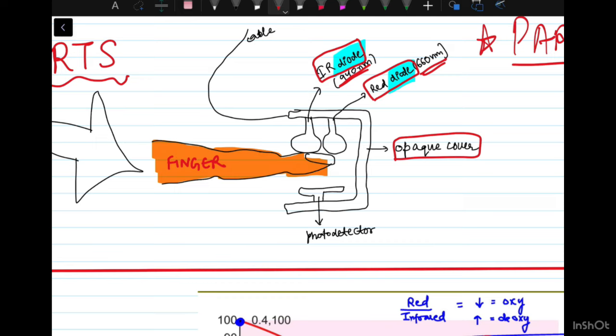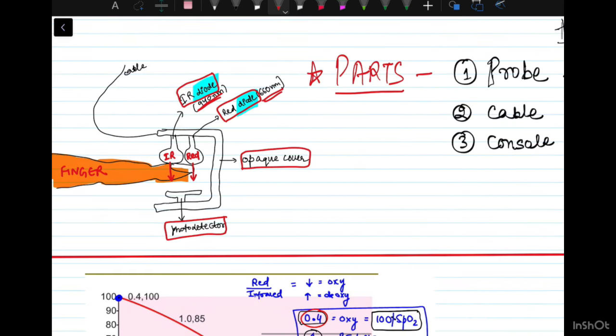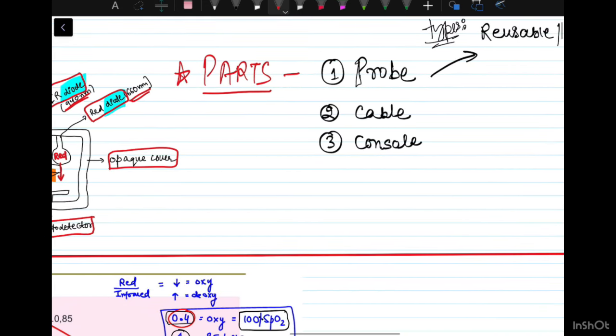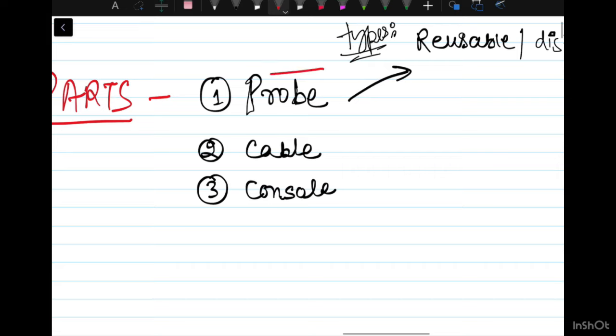This is an opaque cover, and on the opposite side of this diode, which will emit the infrared, and this will emit the red light, which will pass through the finger and will ultimately be detected by a photodetector. This is the basic structure or the parts of pulse oximeter.